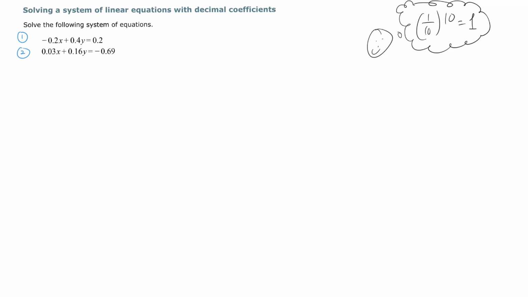We're going to do 10 times equation 1. That really just means multiply both sides by 10. Something happens to that decimal: you turn it into an integer.